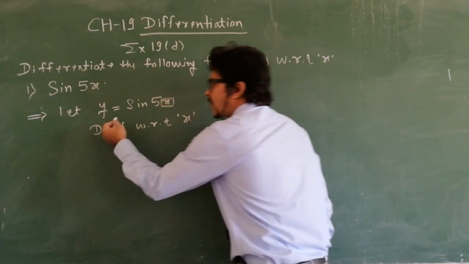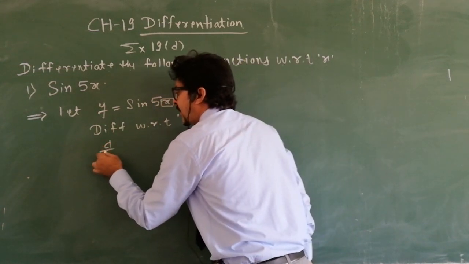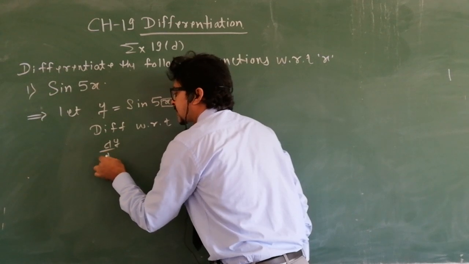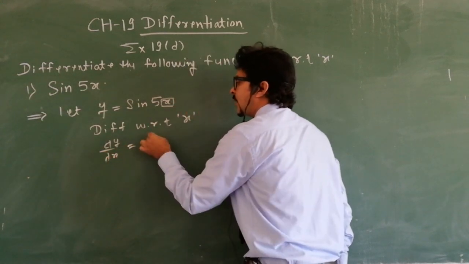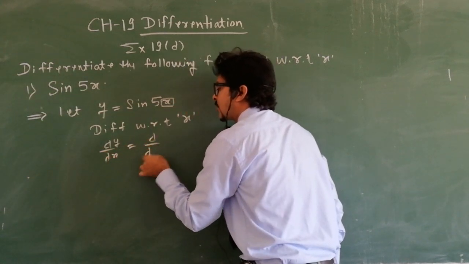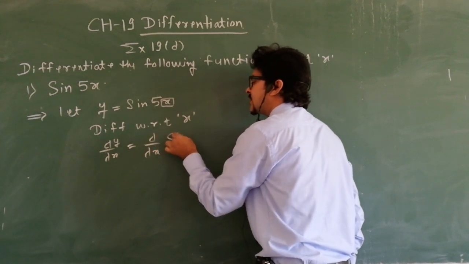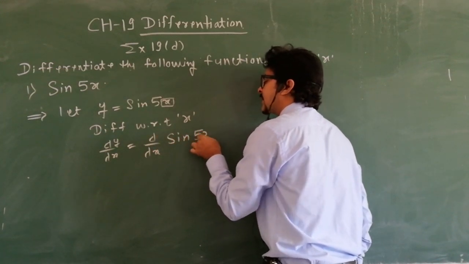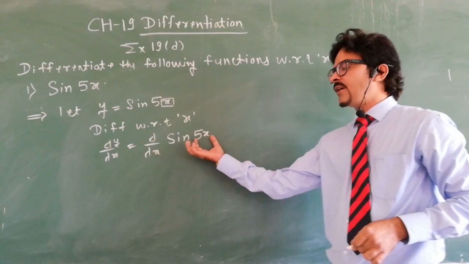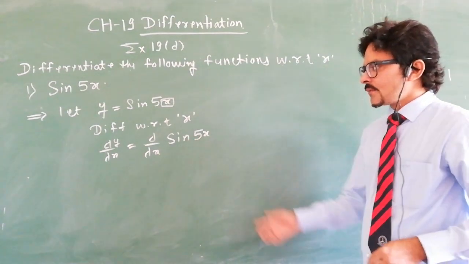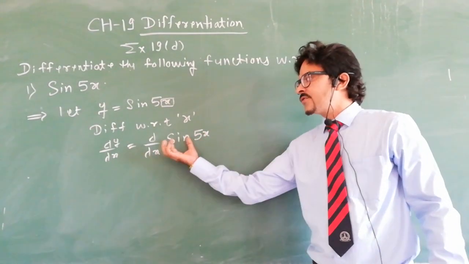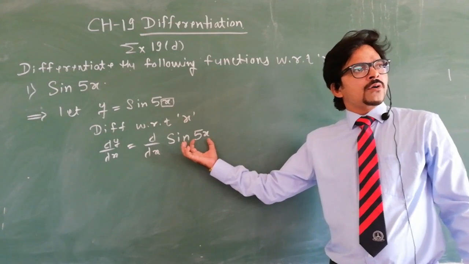Now on the left side we write dy by dx is equal to d by dx of the given function, which is sine 5x. Is that clear? Here the angle is 5x. As we know, the derivative of sine x is cos x.